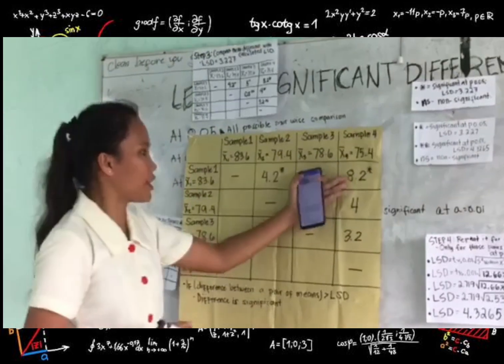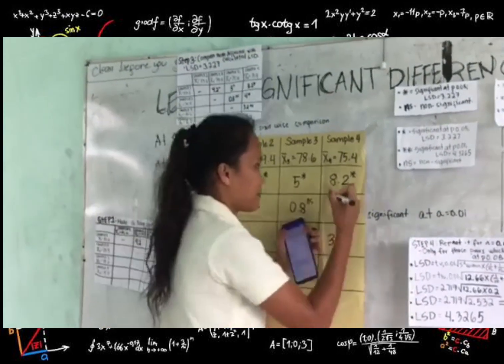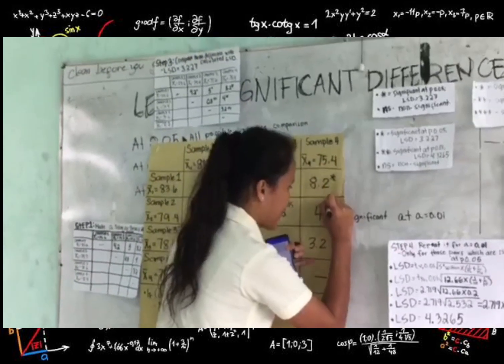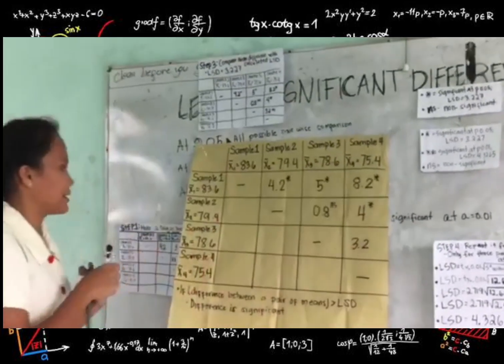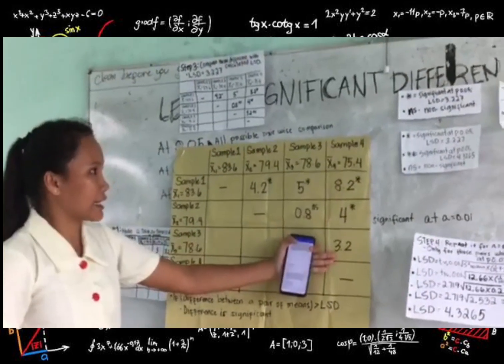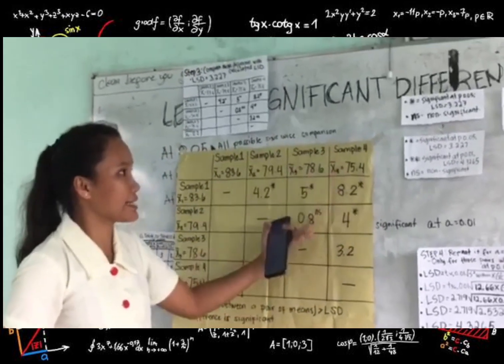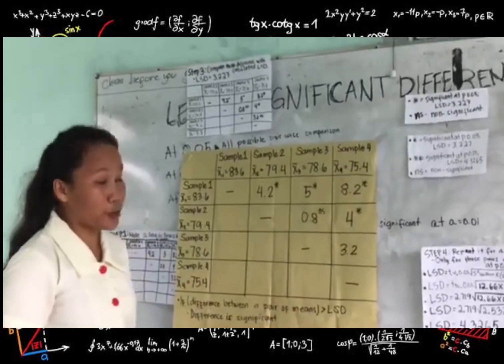Sample 2 and sample 4 gets an asterisk, which symbolizes significant. Sample 3 and sample 4 is non-significant because it is lower than 3.227.